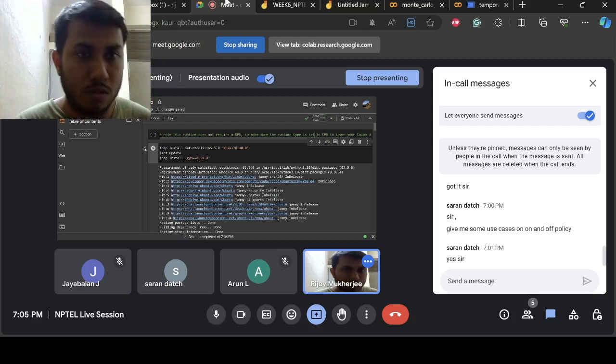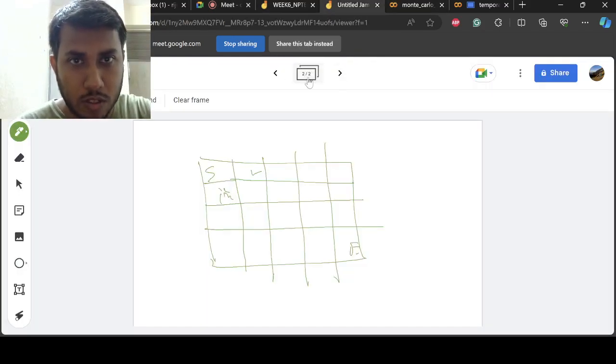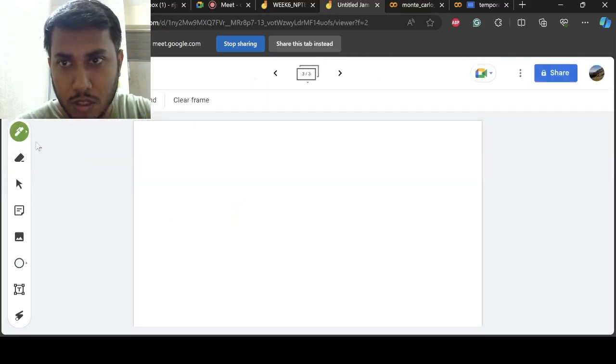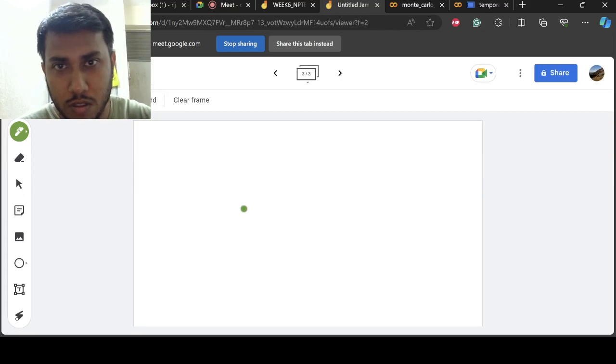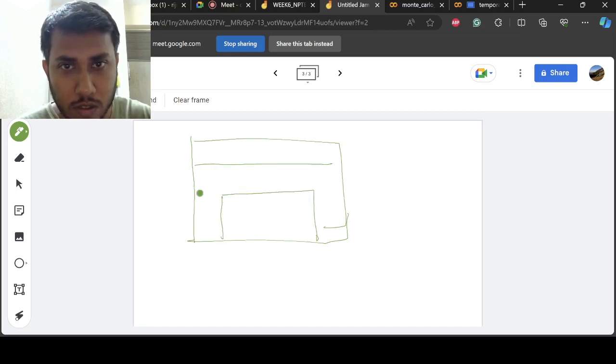If I remember correctly, it was something like this, the cliff problem. So you have this cliff.